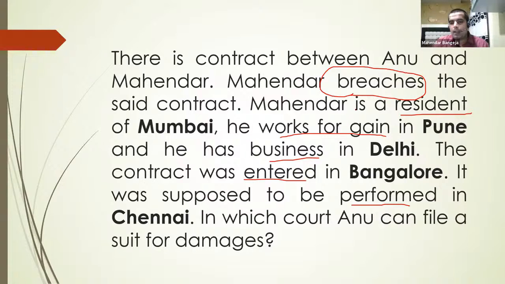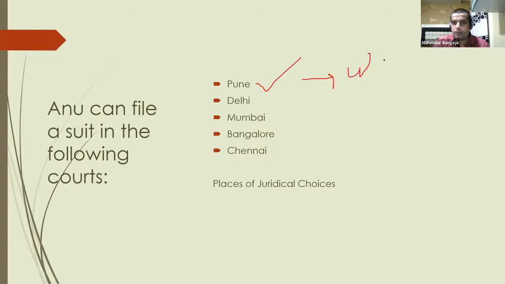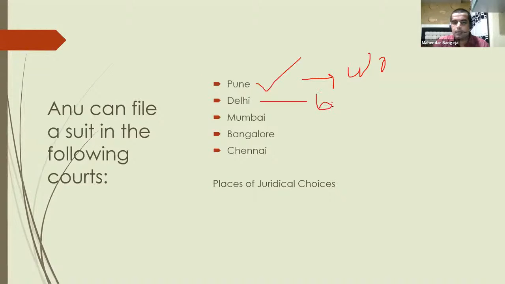All the places will have jurisdiction, because I was working in Pune for gain. I had a business in Delhi, and I was residing in Mumbai. तो ये तो section 20 clause A में ही आ गए सारे.